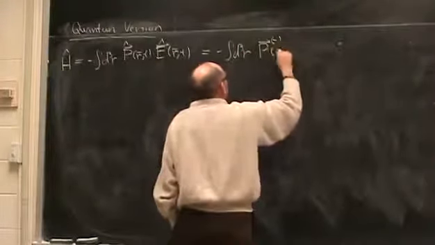So, what does this transformation do? Well, there's kind of two kinds of interactions, and we can diagonalize this matrix.